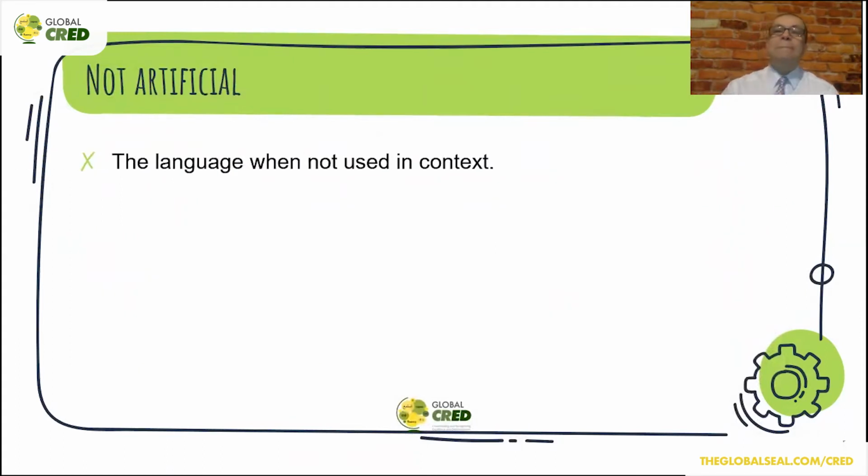So, for example, for our students, it's very artificial when the language is not used in context. When suddenly we start the class talking about what Pepito did yesterday, just because we need to use the preterite tense, because that is the grammar topic that we are studying right now.